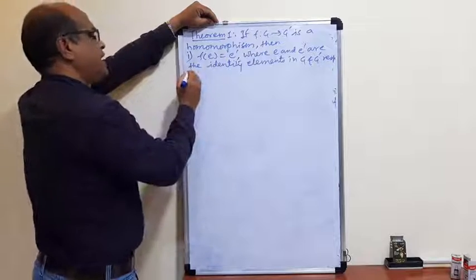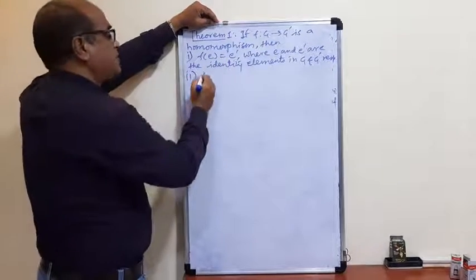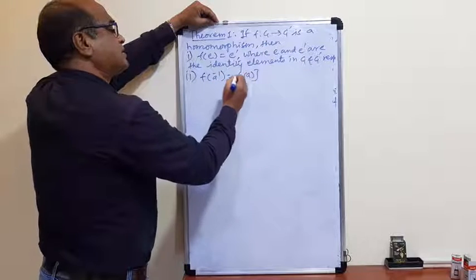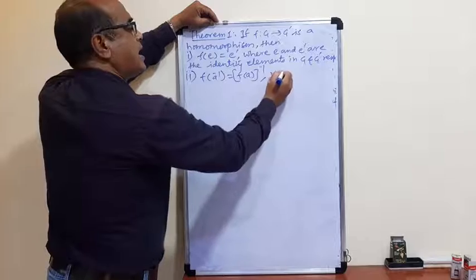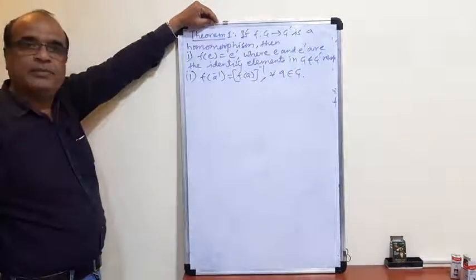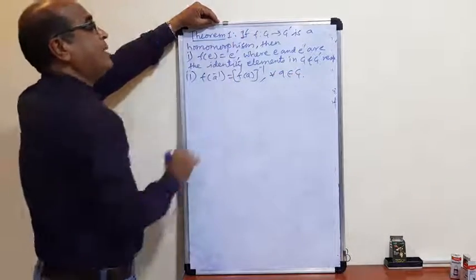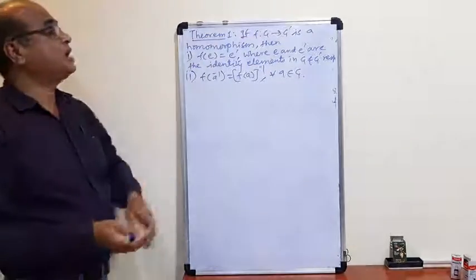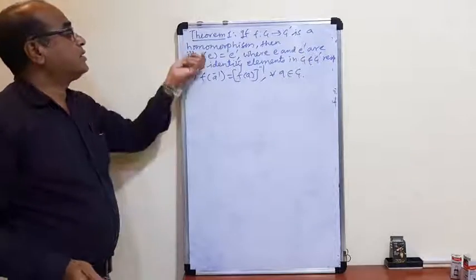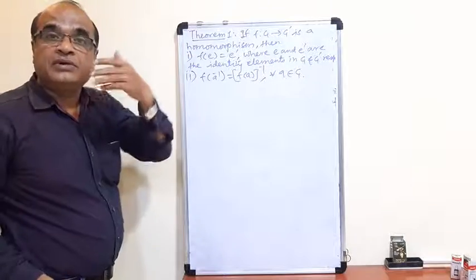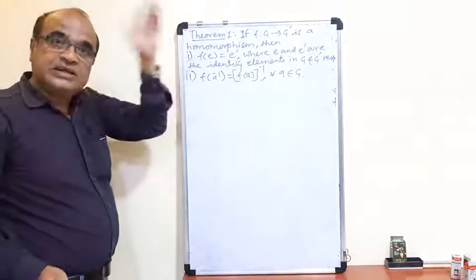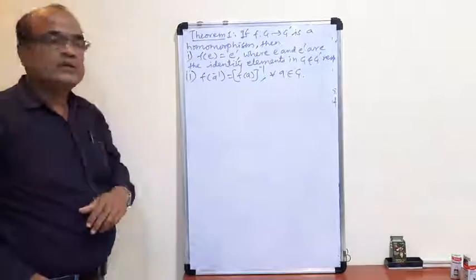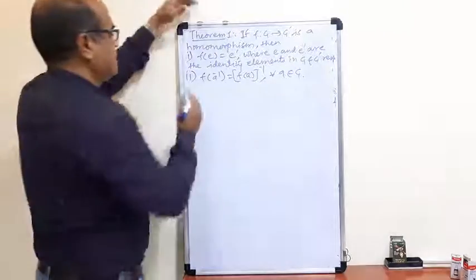Okay, so what is second? f(a inverse) is equal to (f(a)) inverse for all a belongs to G. So if f is a function from G to G' and the function is a homomorphism, then prove that f(e) is equal to e', where e is the identity element in G and e' is the identity element in G', and also prove that f(a inverse) is equal to (f(a)) inverse. So proof.